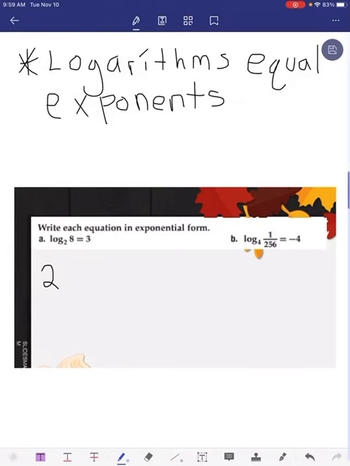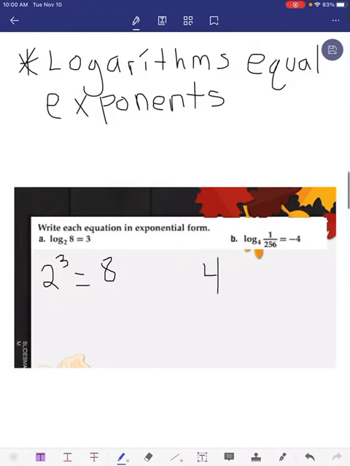And what I mean by that is that whatever our logarithm equals, which in this case is 3, is going to become our exponent for our exponential form. So since my logarithm equals an exponent, I know that my exponent for my exponential form has to be 3. And then I know that my only other choice is that it's going to equal whatever's on the inside, which is 8.